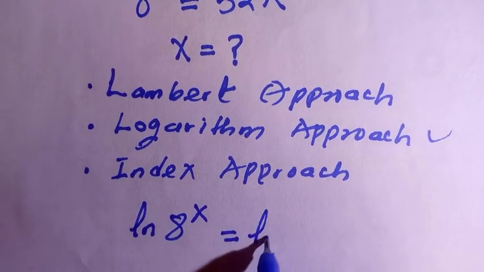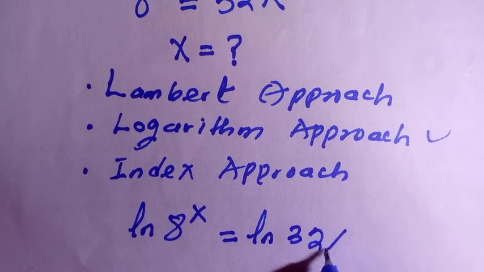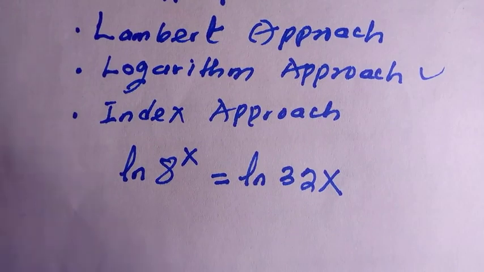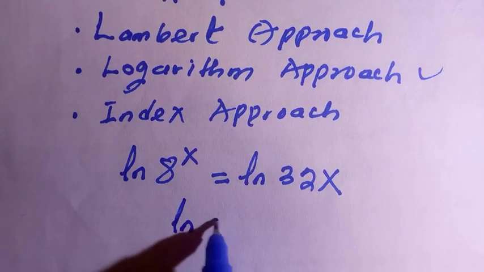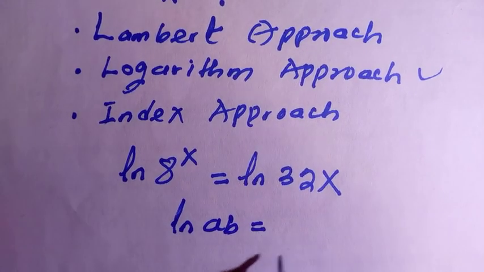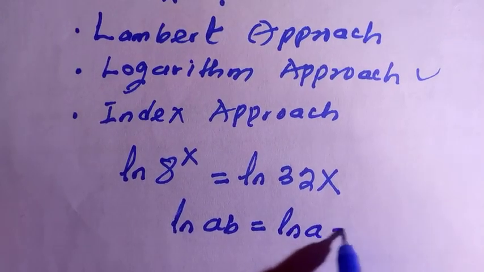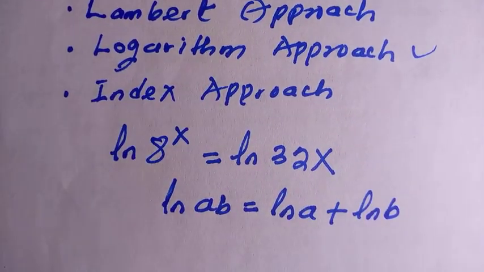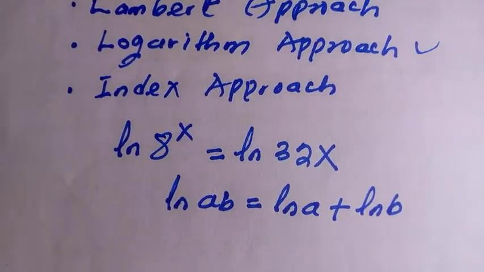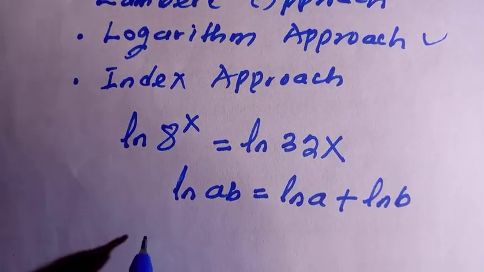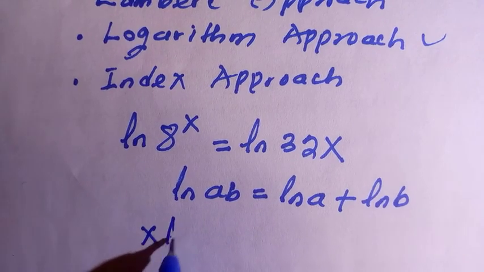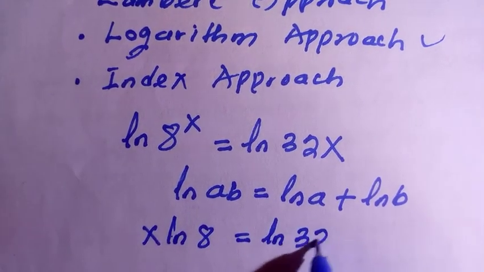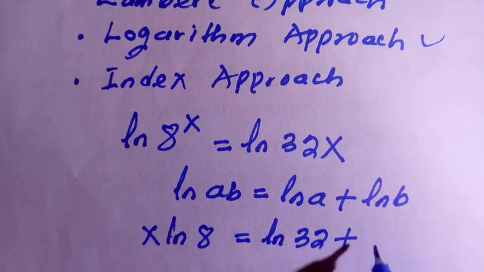So if I introduce ln of 8 to the power of x equals ln of 32x, then according to the rules of logarithm, this x will come down. Let's say we have ln of a raised to power b, so it becomes ln of ab equals ln of a plus ln of b. And so by applying it here, we have x ln 8 equals ln 32 plus ln of x.